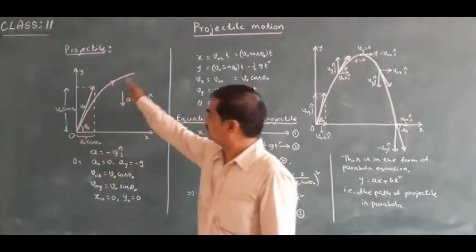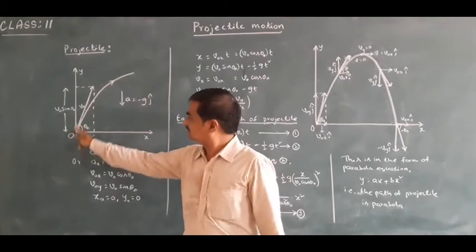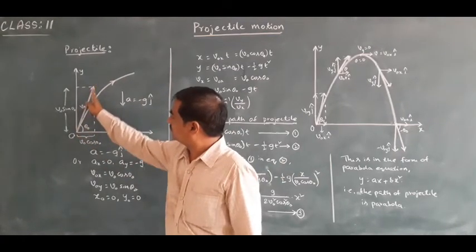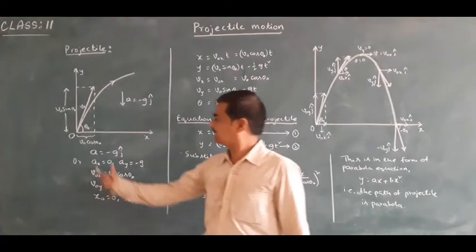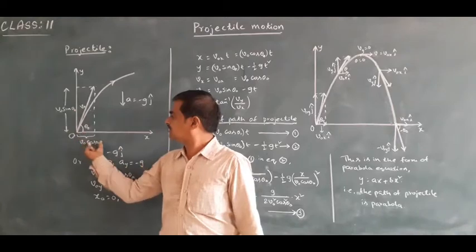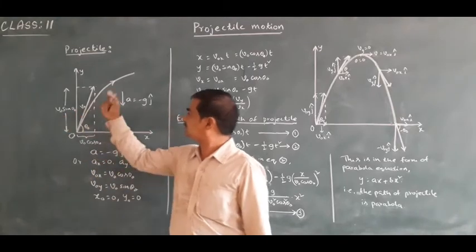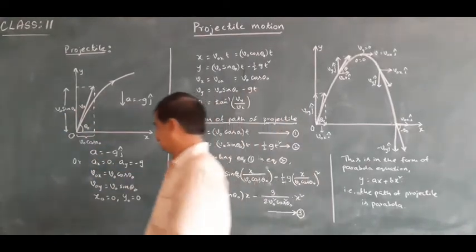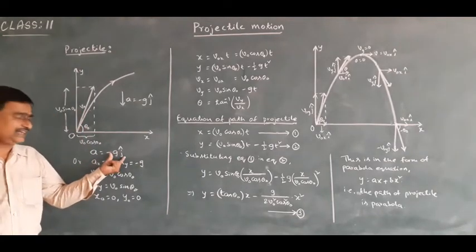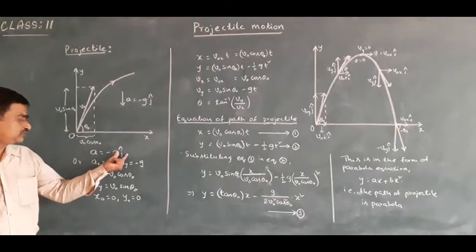See here. Initially, we project the body with a velocity v naught. We divide this into two components, v naught cos theta naught and v naught sin theta naught. Then the acceleration due to gravity acts downwards, minus g j cap.